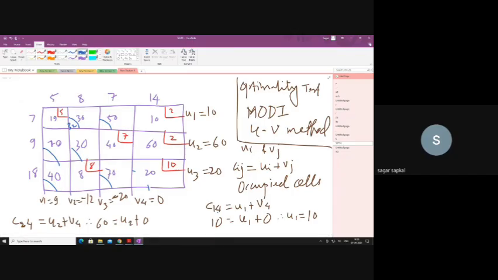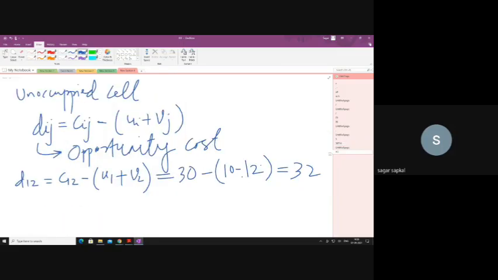Is it okay? Now 1-3 is also an unoccupied cell. For that you can find out opportunity cost D13. D13 is equal to C13 minus U1 plus V3.